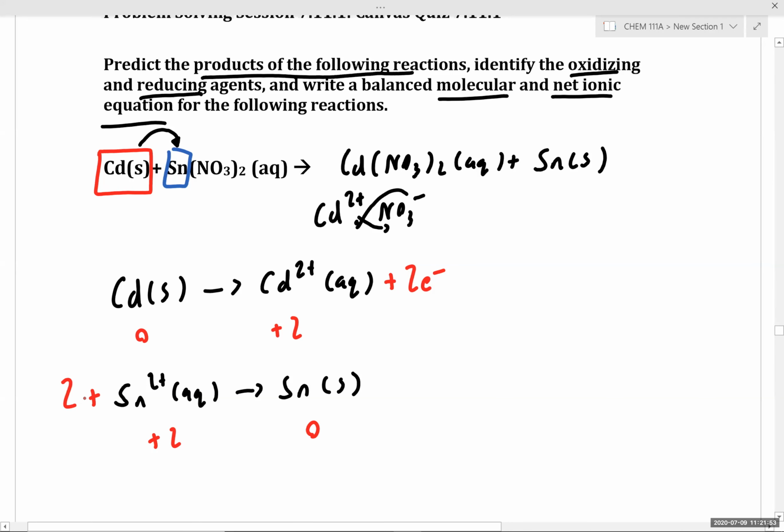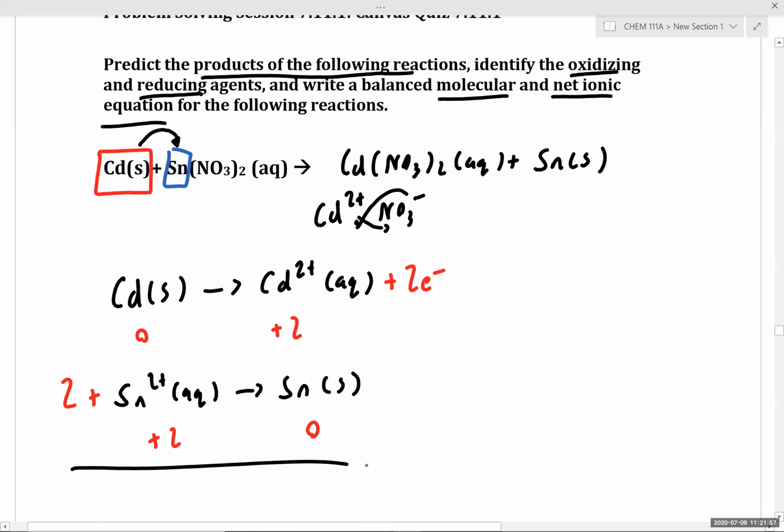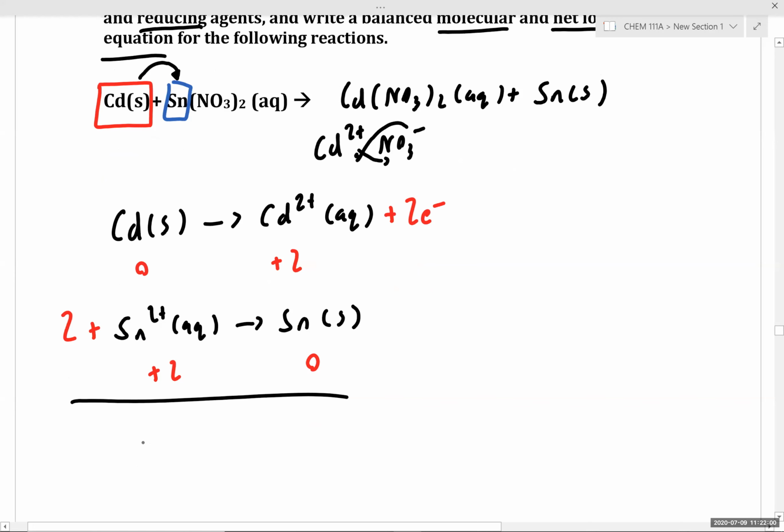Yep. So if we add our equations together, that in turn gives us cadmium solid plus tin 2+ aqueous leads to tin solid plus cadmium 2+ aqueous.